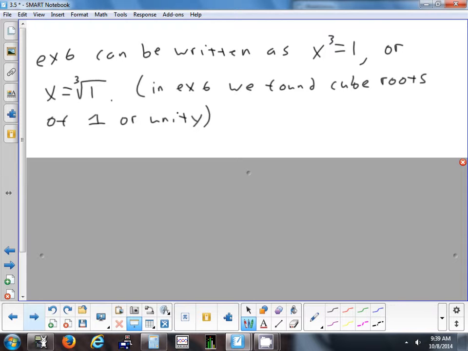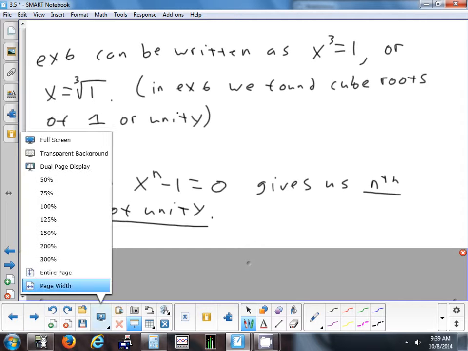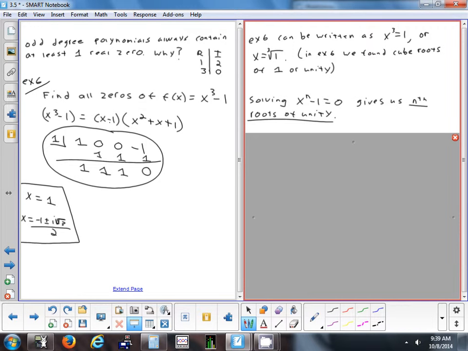Our book calls this finding the cube roots of unity. So in general, let me bring up the other problem to compare it to. If you have an equation of the form x to a power minus 1 equals 0, think about bringing that 1 to the other side and taking the nth root of each side.